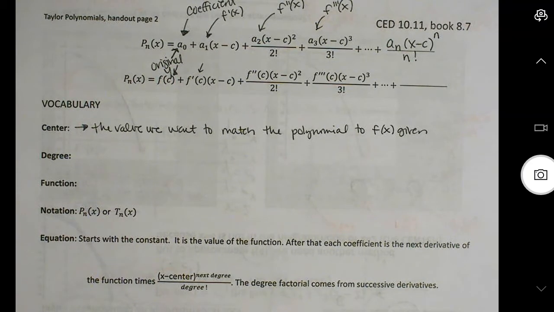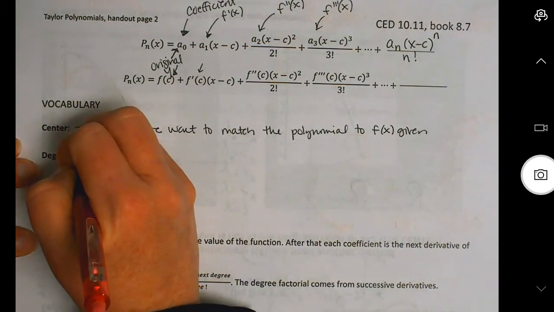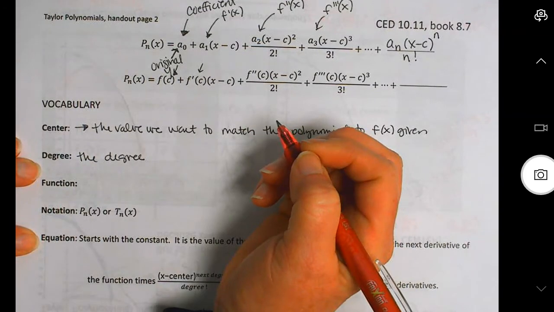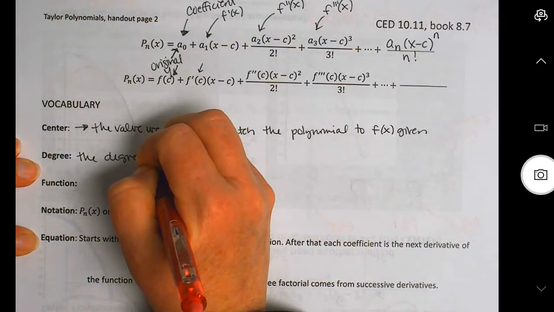They're going to tell us what that is. The degree is how good of an approximation do you want to get? The higher degree you have, the better approximation you're going to have. Our tangent line approximation was great for values right around the center, but we're going to find better approximations with our Taylor polynomials. So this is the degree of the polynomial for approximating.